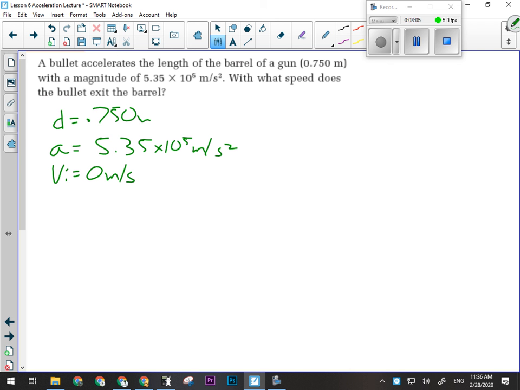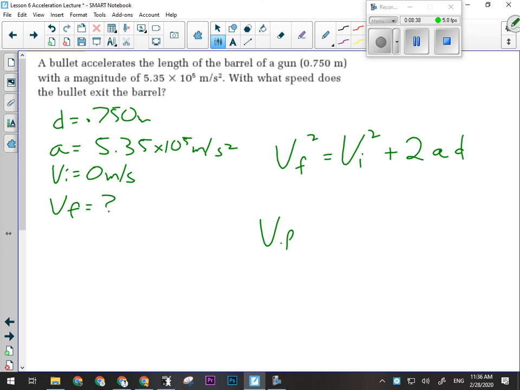Okay, so we've got D, A, VI, and they want us to find out what speed the bullet exits the barrel. So that would be VF. All right, so we've got those 4 things. That means we're using the last formula: VF squared equals VI squared plus 2 times A times D. In this one, we don't have to manipulate because it's asking us to solve for VF. Actually, we do have to manipulate. What do I have to do? I have to square root because this formula solves for VF squared, and I just want VF.